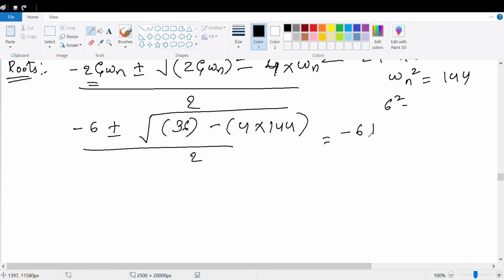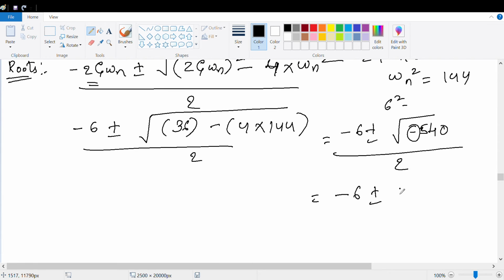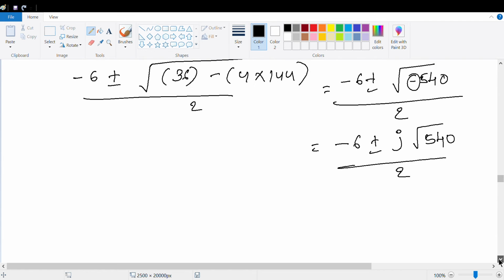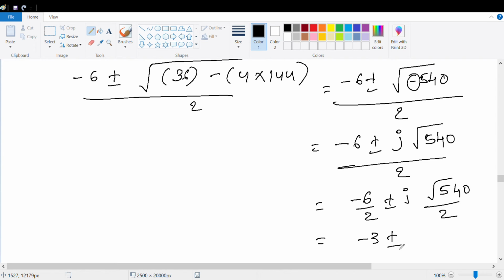Now minus 6 plus or minus square root of minus 540 by 2. If you take out this minus, it will become j, and it is square root of 540 by 2. So now minus 6 by 2 plus or minus j square root of 540 by 2. Using the calculator we can find the square root of 540 divided by 2, and it is 11.62.